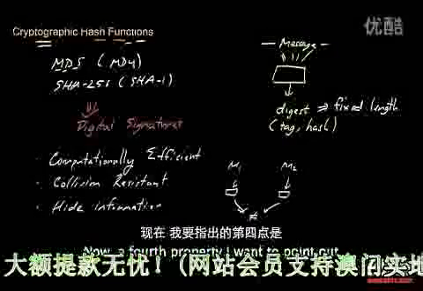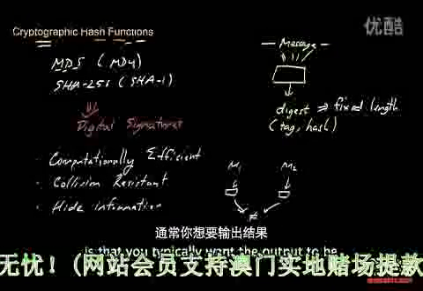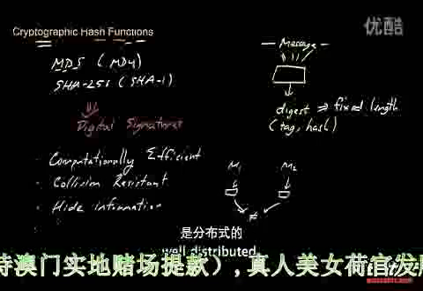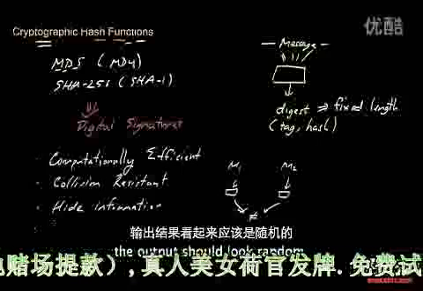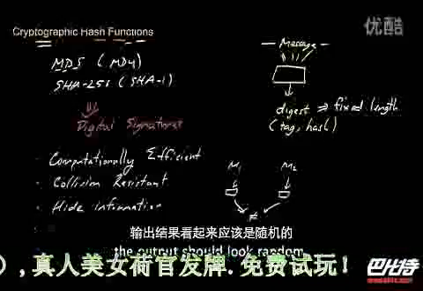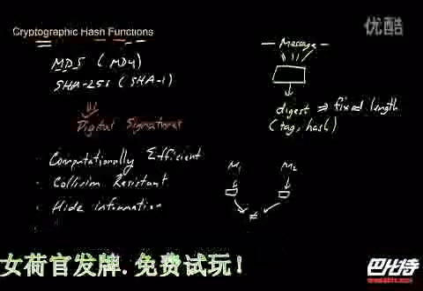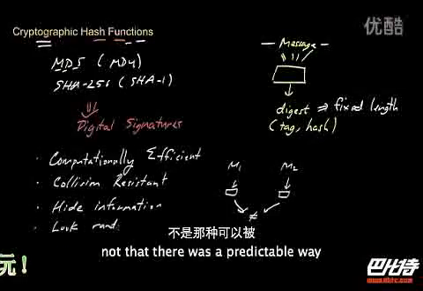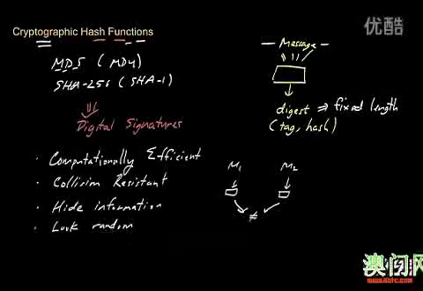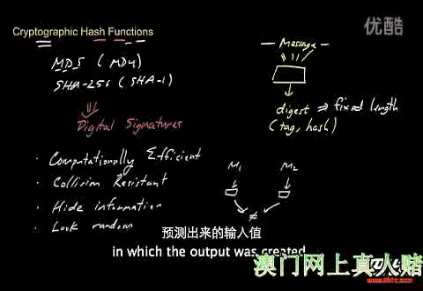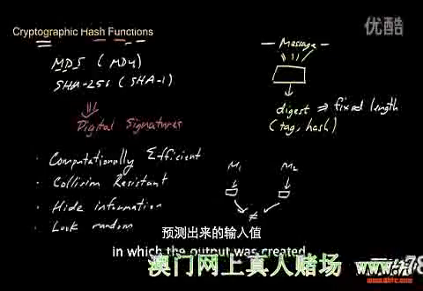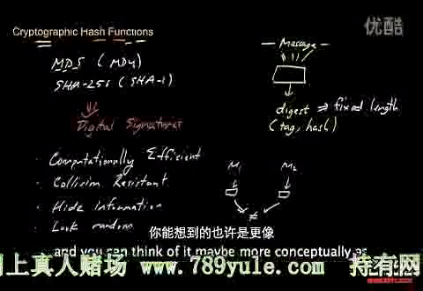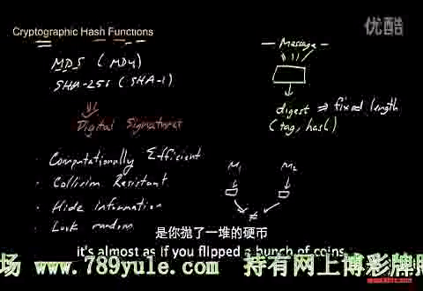Okay. Now, a fourth property I want to point out is that you typically want the output to be well distributed. In other words, the output should look random. It should look like a set of coin flips took place, not that there was a predictable way in which the output was created. You can think of it more conceptually as if you flipped a bunch of coins to get to the output.